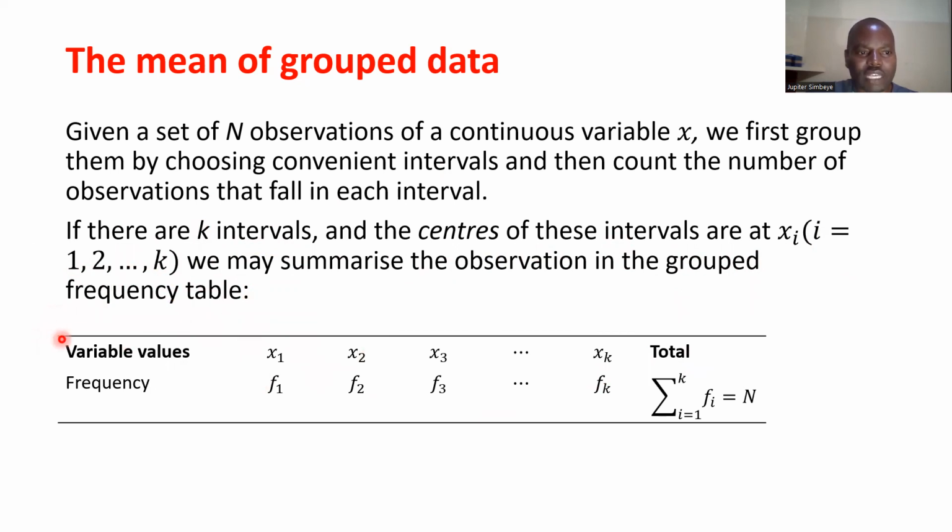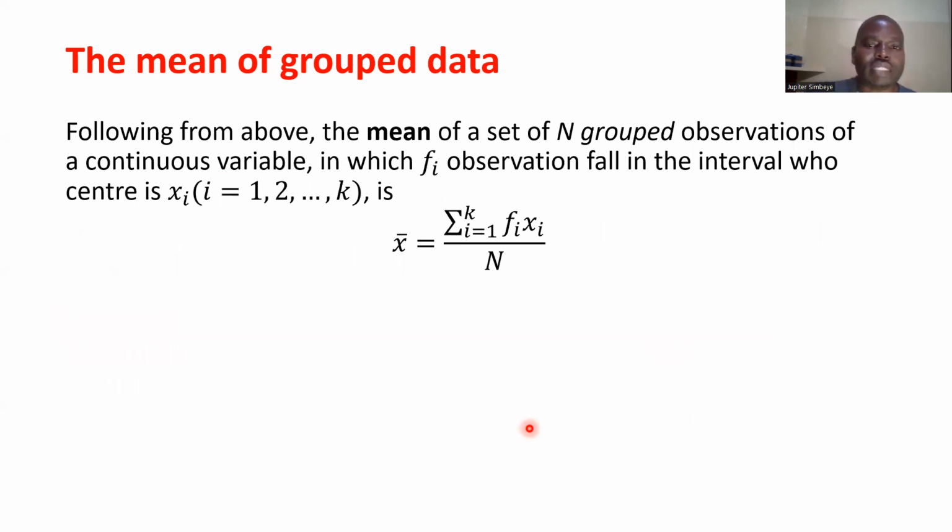So we don't have class intervals. Maybe above there we should have class intervals. But what we have are the class centers, x1, x2, x3, up to xk. These are class centers. These are the frequencies, the number of observations falling in a particular class interval whose center is x1. Again, f2, likewise, up to fk. So if we have that, this is the formula for the mean of grouped data for a continuous variable.